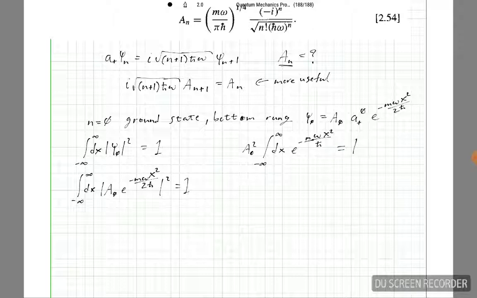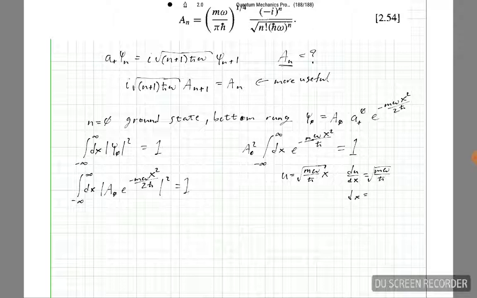All that equals 1. Now I'm going to go ahead and do u substitution. So I'm going to say that u is the square root of m omega over h bar times x. X is not under the square root. And then du dx just equals the square root of m omega over h bar.